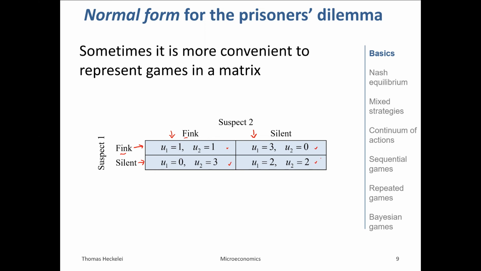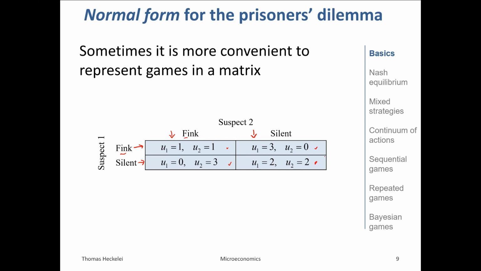For example, if both think, then they get 3 years in prison. Consequently, the payoff is 1 for each. But if they both stay silent, then they only have to stay in prison for 2 years, and they have 2 years of freedom as payoff, right?